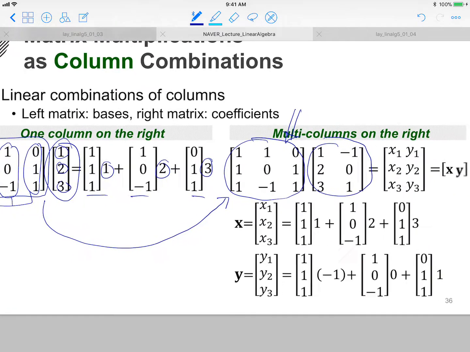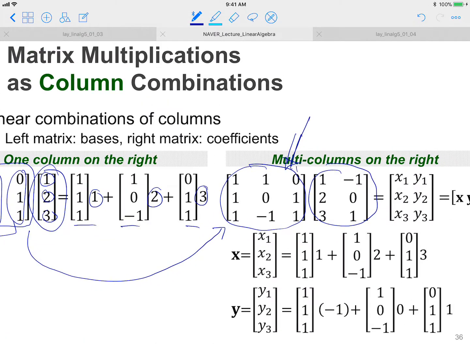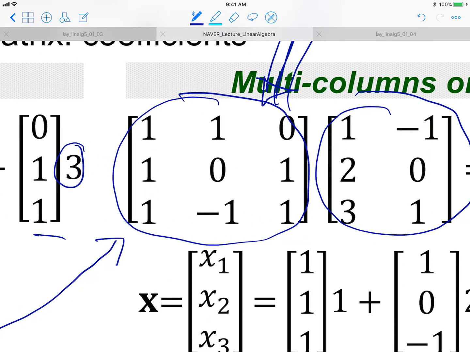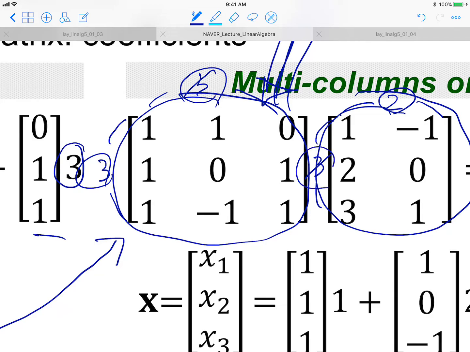So when doing this matrix multiplication, first of all, what is the size of this matrix multiplication? We have 3 by 3, right? And then we have 3 by 2, right? So the resulting matrix size will be 3 by 2 because these two numbers will cancel out, right?